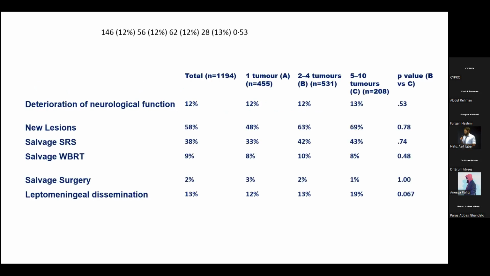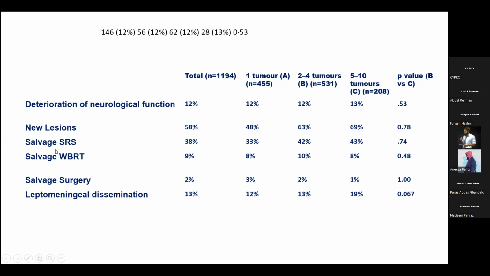In this trial, the chance of new lesions, not the same lesion progressing but new lesions developing in a far area of the brain, is almost similar in both groups, 2 to 4 and 5 to 10. Of course, in the one lesion group it is much lower, but between 2 to 4 and 5 to 10 it is still the same.